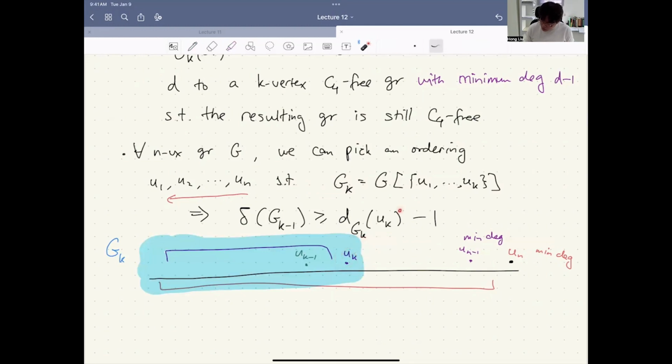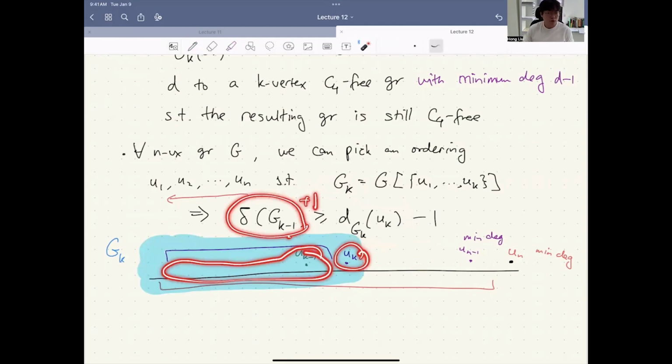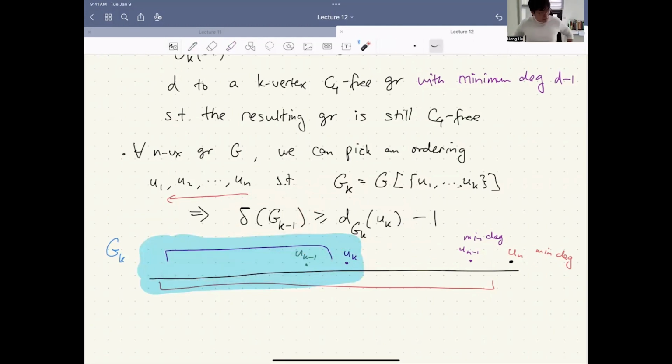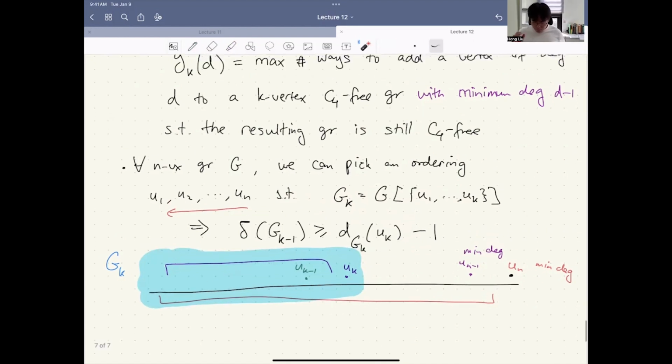So that means the degree of this guy inside GK is at most the degree of whatever vertex here inside GK. But whatever degree here inside GK is maybe 1 plus the minimum degree of that because we remove UK in GK minus 1. Okay? And that's exactly what we need.